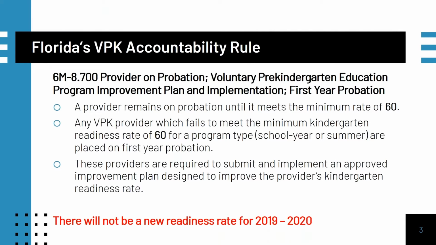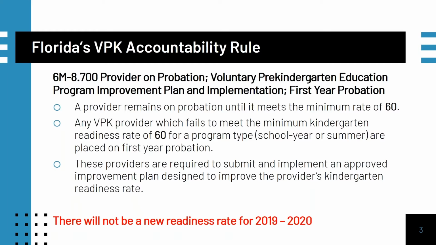Okay. So now here's some information about Florida's VPK accountability rule. We do have a lot of new providers that it's their first year on probation. A provider is going to remain on probation until it meets the minimum rate of 60. If you fall below 60, then that means that you will be on an improvement plan.